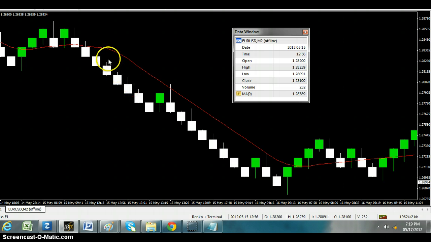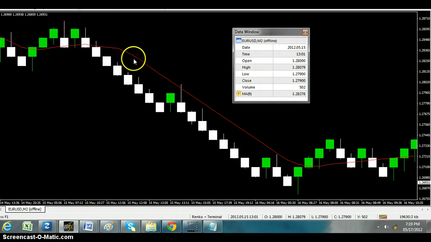Similarly, we will keep on locking the profit as the trade moves in our favor. Check the situation: 2770 is the close, and the moving average is at 2811, so definitely our stop was at 2820 at that point in time. After that, a green candle happened, but as you can see, the moving average has now come down from 2811 to 2803.